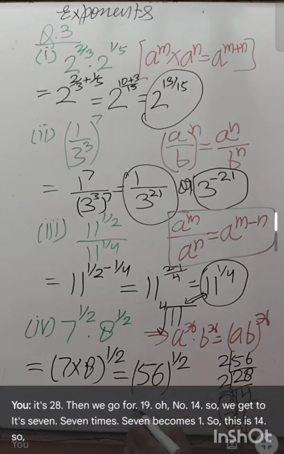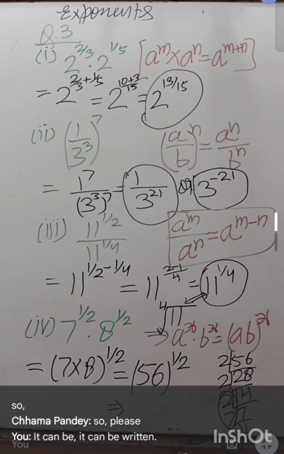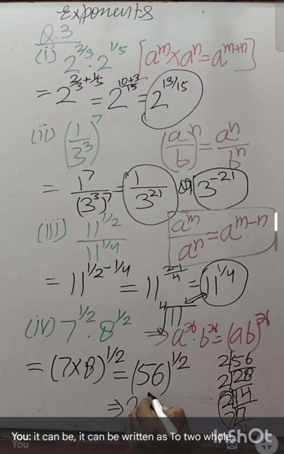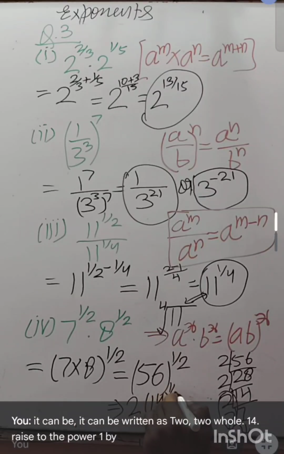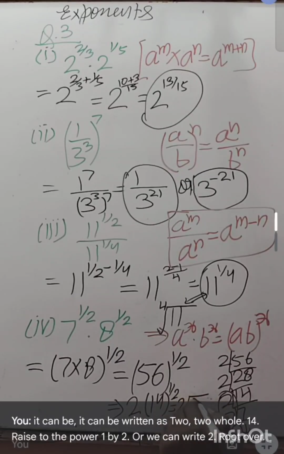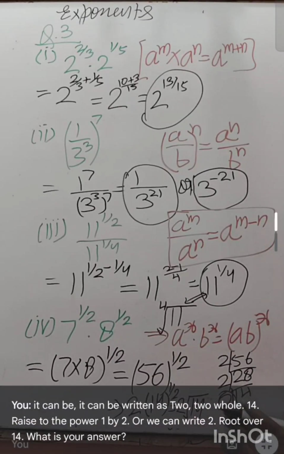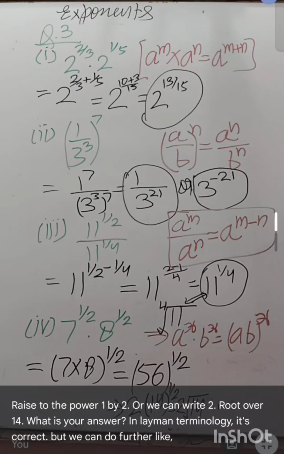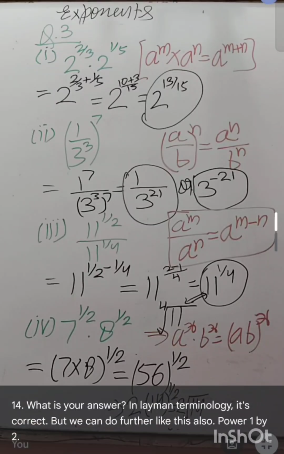So 56 can be written as 2 whole 14 raised to the power 1 by 2, or we can write 2 root over 14. In layman terminology, it's correct, but we can do further like this also. Power 1 by 2 means root over. You check your answer.